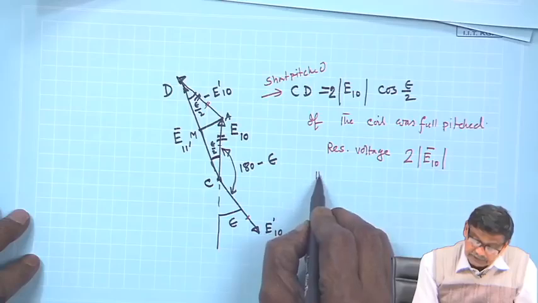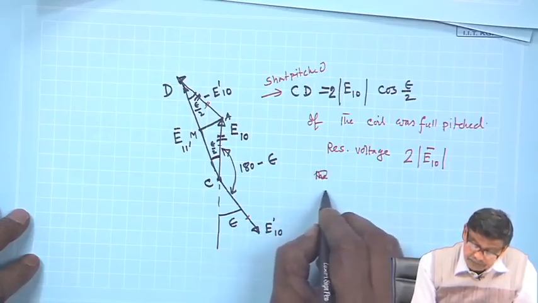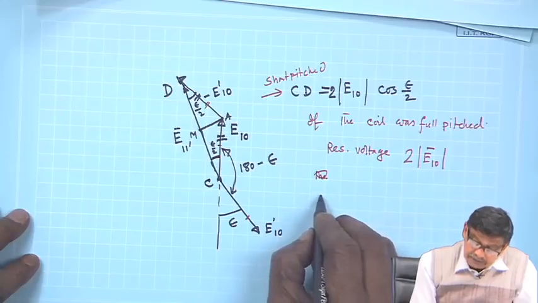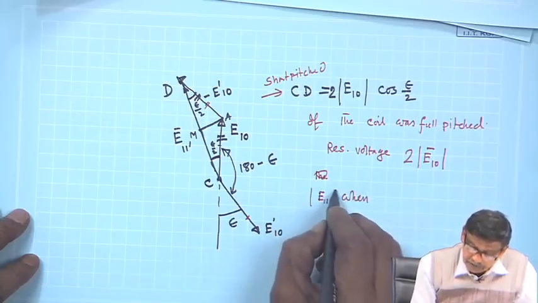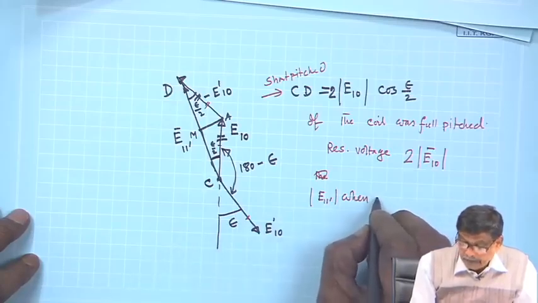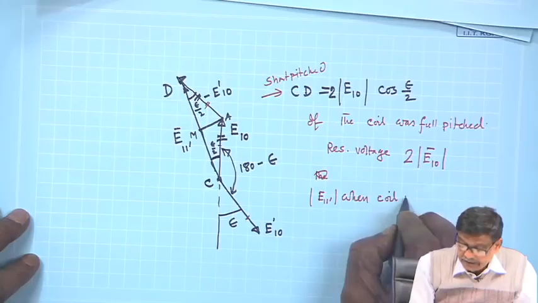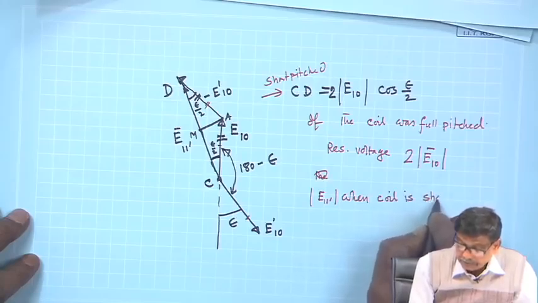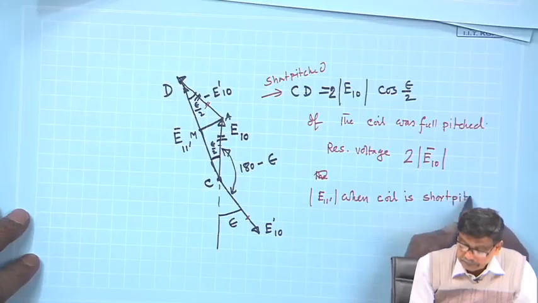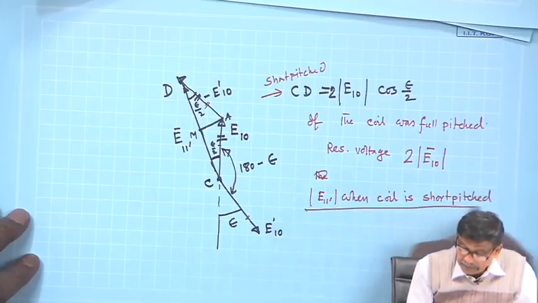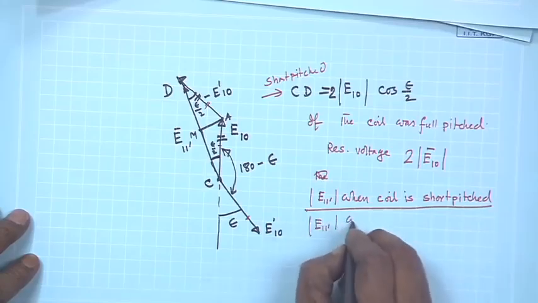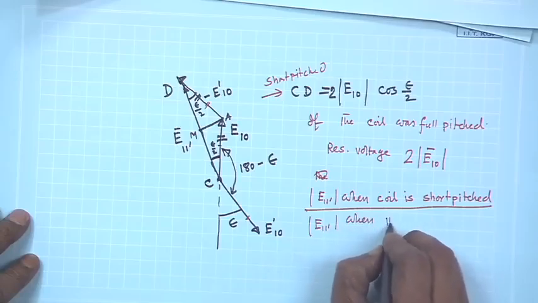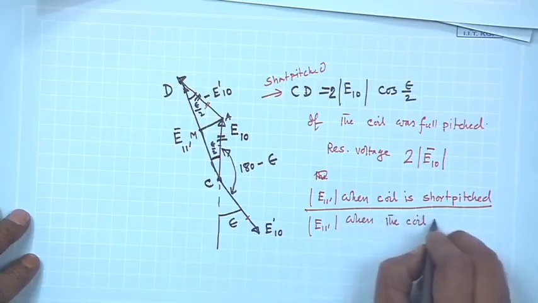Therefore, the factor, the ratio of the magnitude of E1 dashed when the coil is short pitched, divided by E1 dashed when the coil is full pitched.